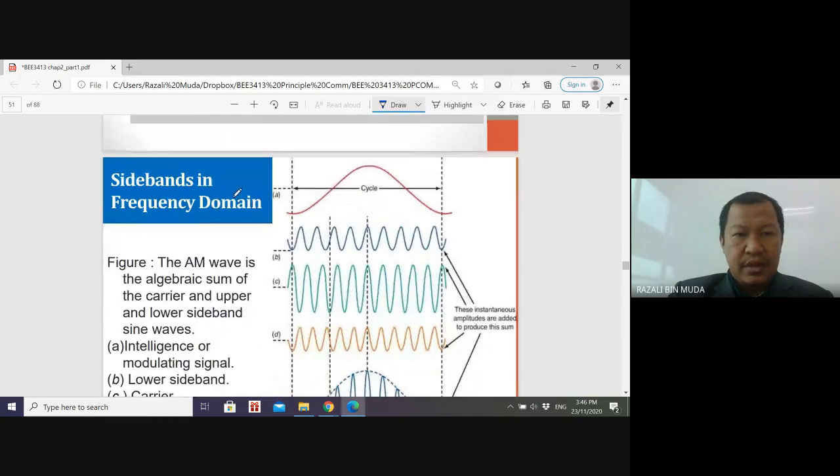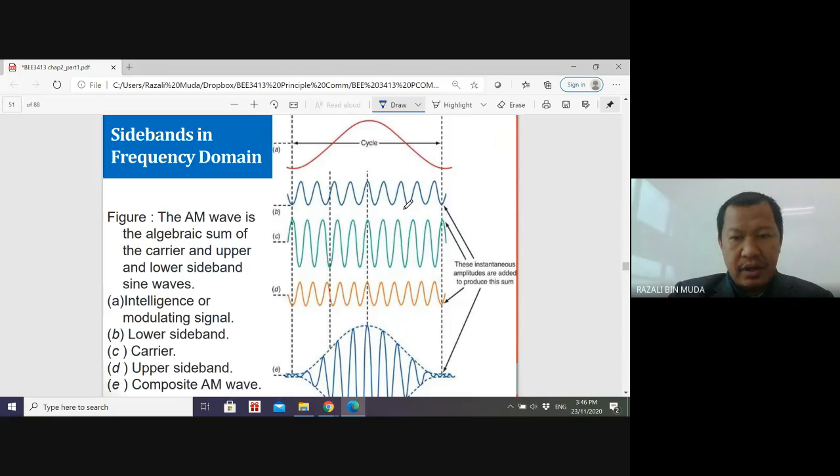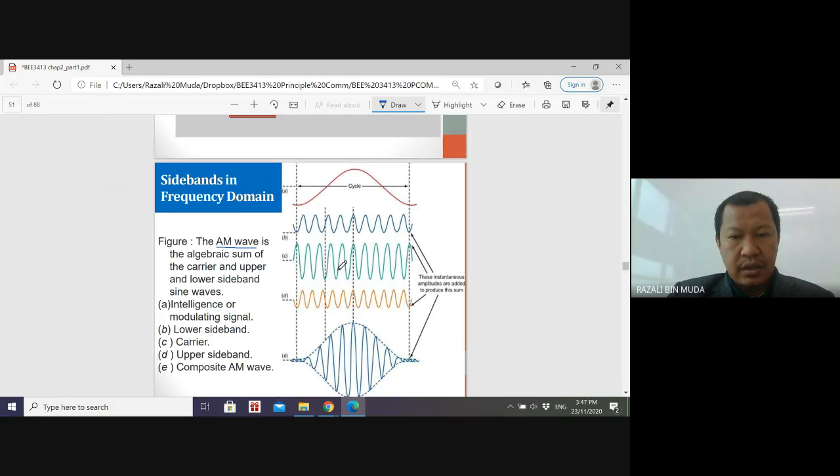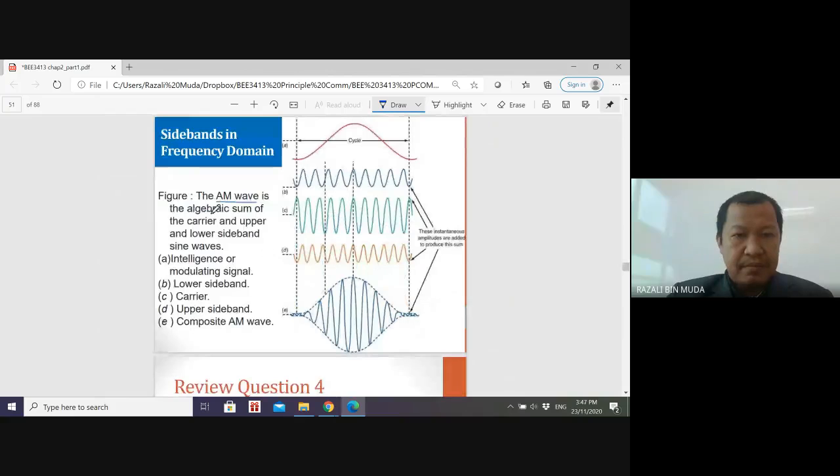Okay, sideband in frequency domain. In the figure, the AM wave is the algebraic sum of the carrier and the upper and lower sideband sine waves. The AM envelope signal is the algebraic sum of the carrier and upper and lower sideband waves.